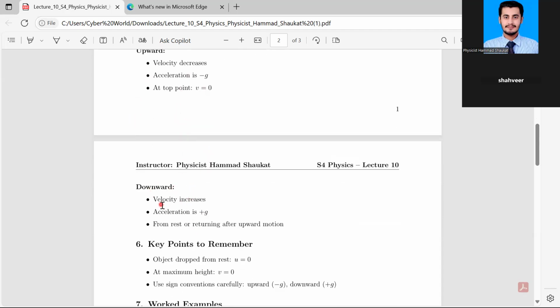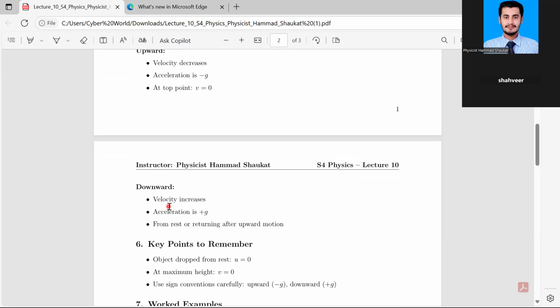What about the downward motion? In downward motion, would your velocity increase or decrease? Increase. Yes, because if you drop something from a height, you can see that from time to time the body's velocity keeps increasing, because it is moving under the action of gravity.